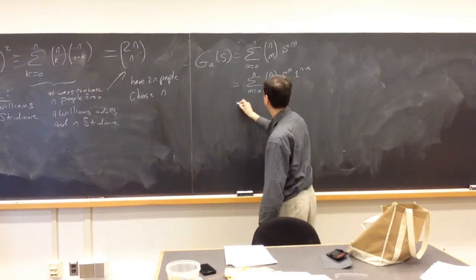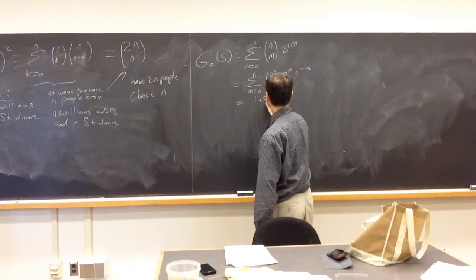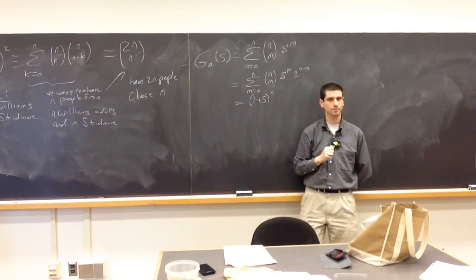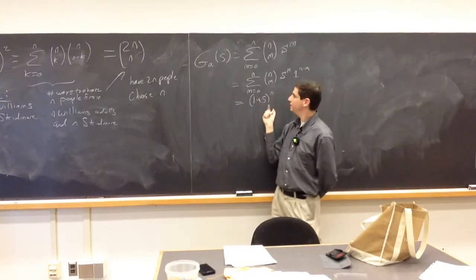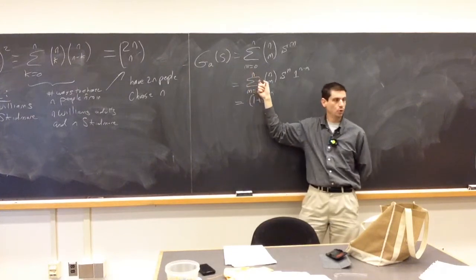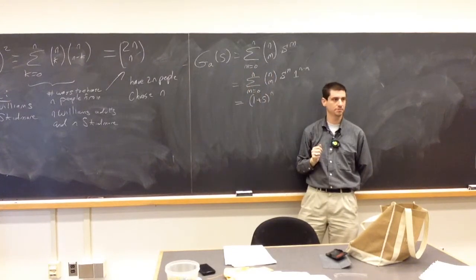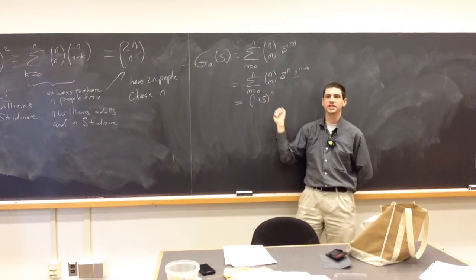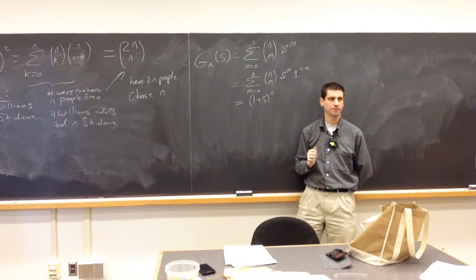And this should just be equal to (1 plus s) to the nth power. Okay? So we have a nice formula for this sum. We can pull off coefficients easily. If I want the third coefficient, it's n choose 3. If I want the fifth, it's n choose 5.